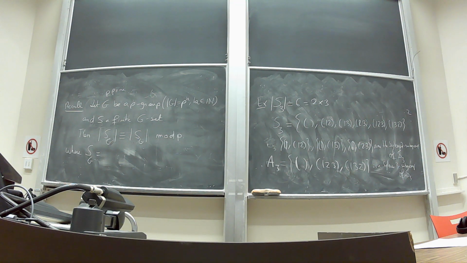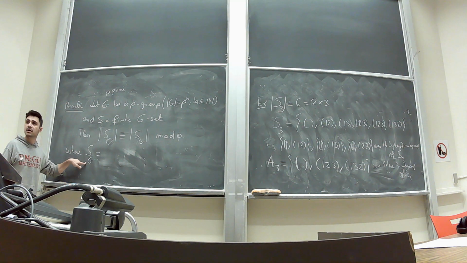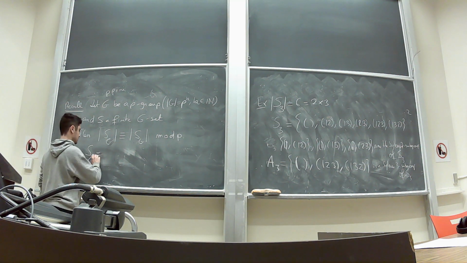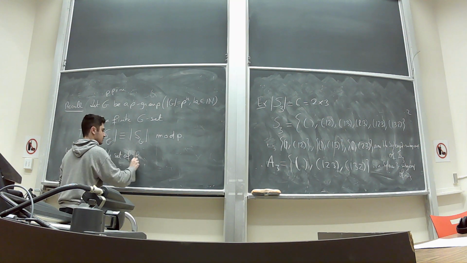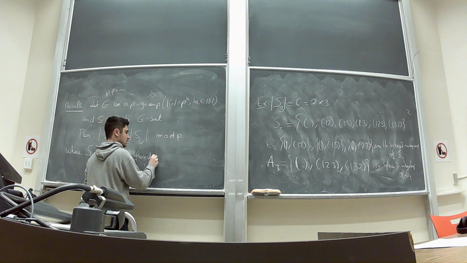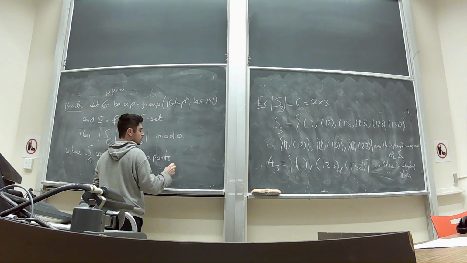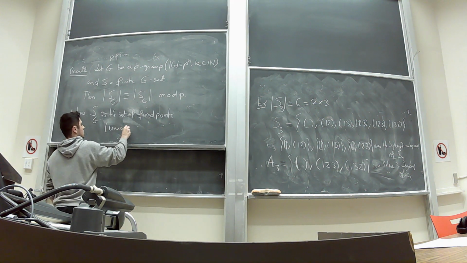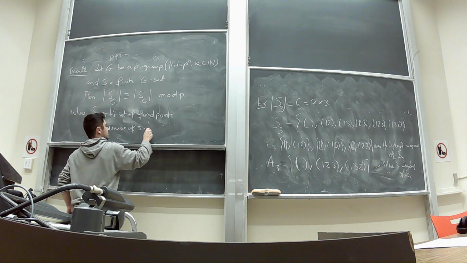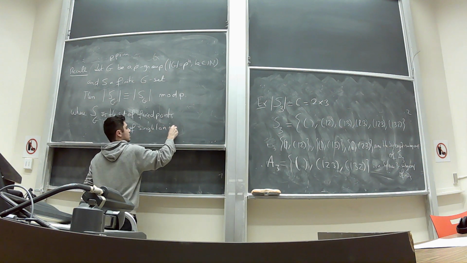You remember this from yesterday, from Monday? Yeah, we said this on Monday. S^G, we called it this way. S^G is the set of fixed points. And we proved it's a union of singleton orbits.